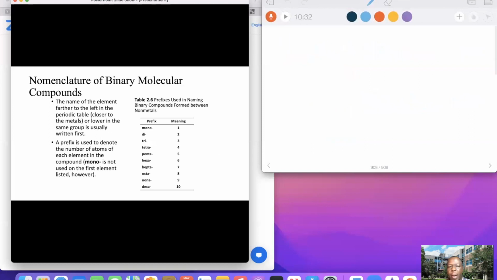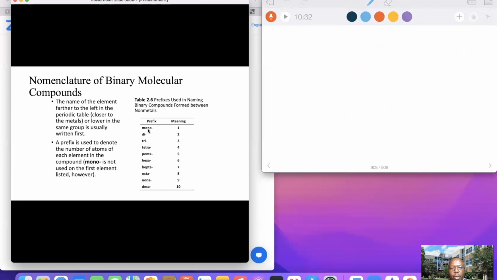And binary means two. Binary means two. If you look at table 2.6 in the text, these are prefixes used to indicate how many atoms are in the compound. You need to learn what these terms mean.